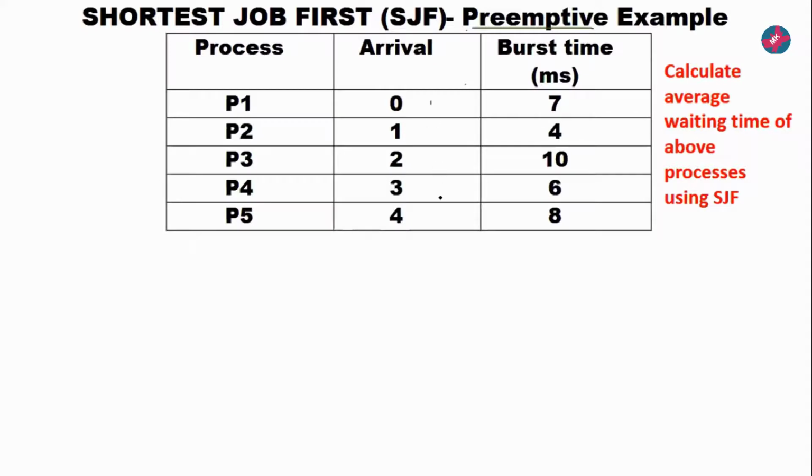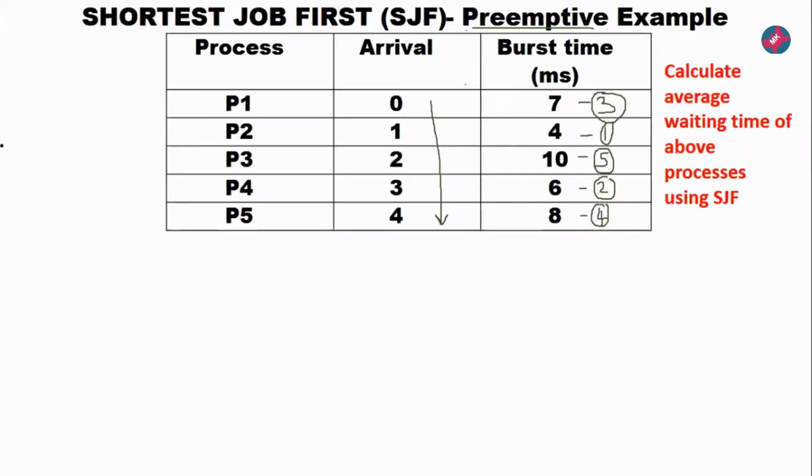Again, if you observe the table, at the appropriate time interval each process has entered the system, and you observe this particular burst time. So the smallest burst time is P2, then afterwards is P4, then third is P1, then fourth is P5, and the largest one is P3, that is 5.